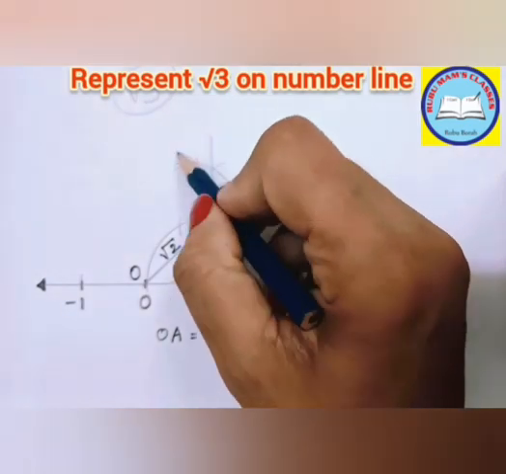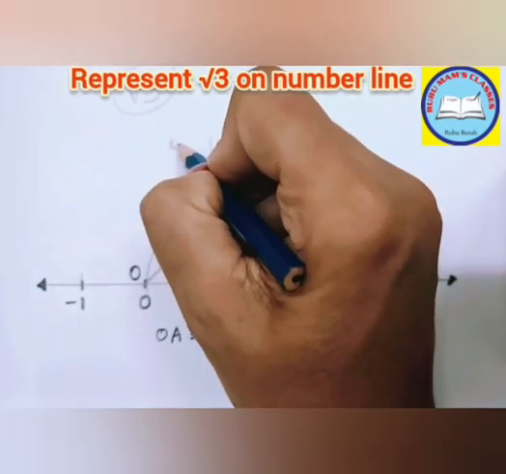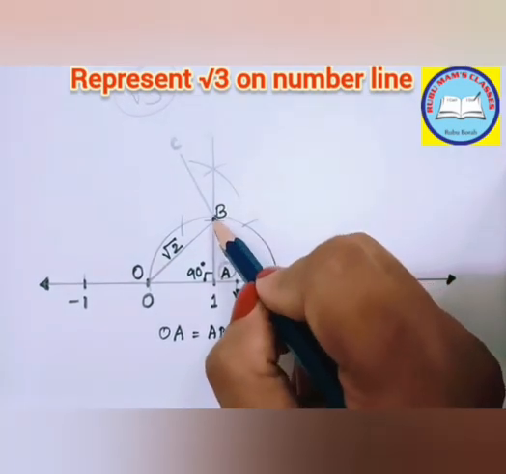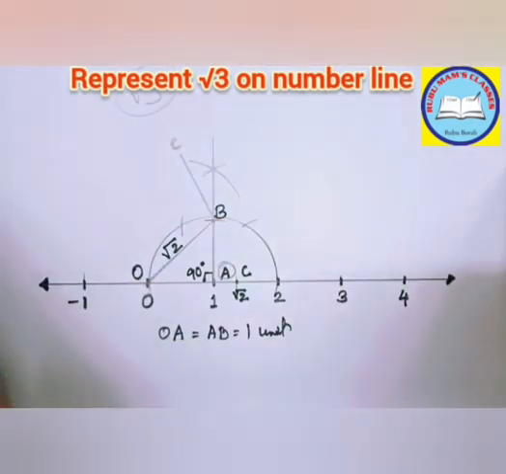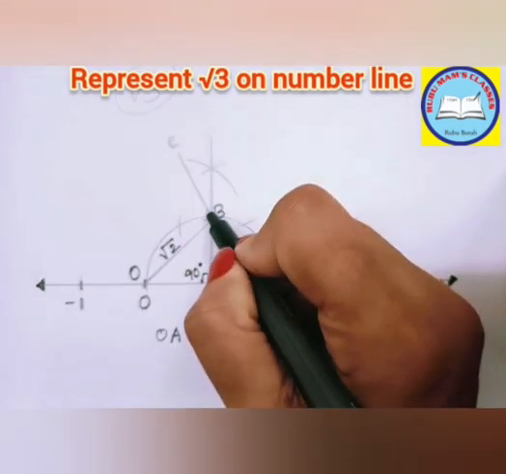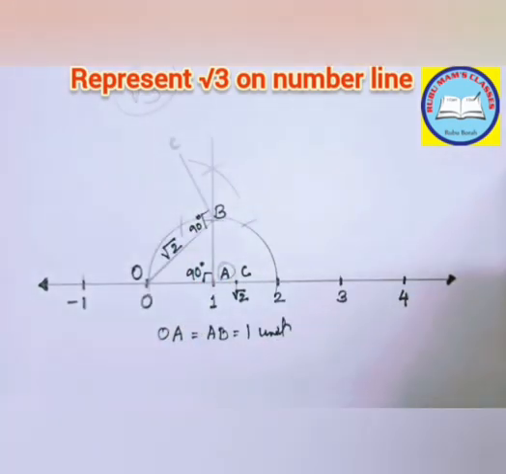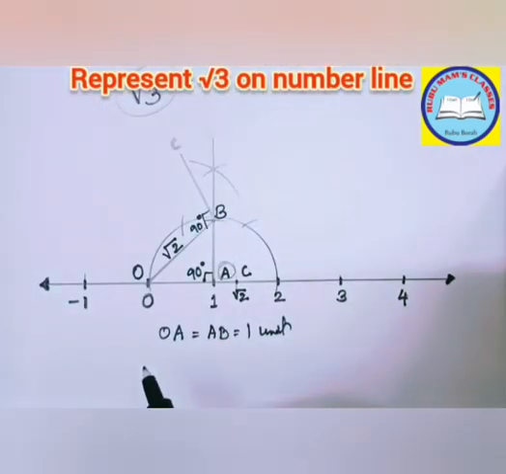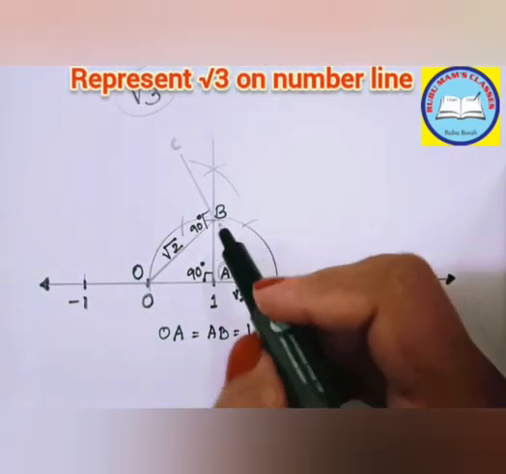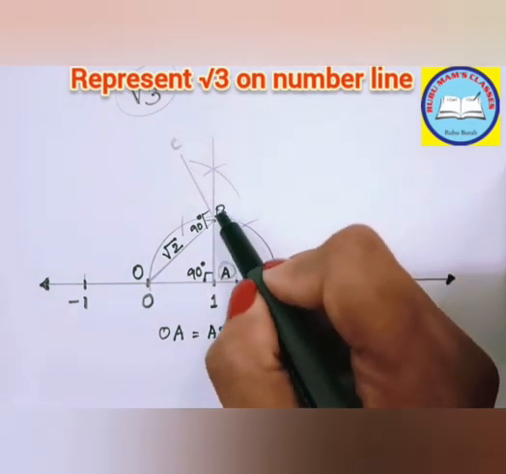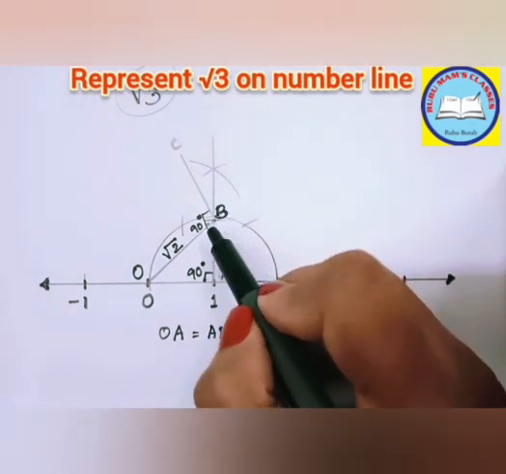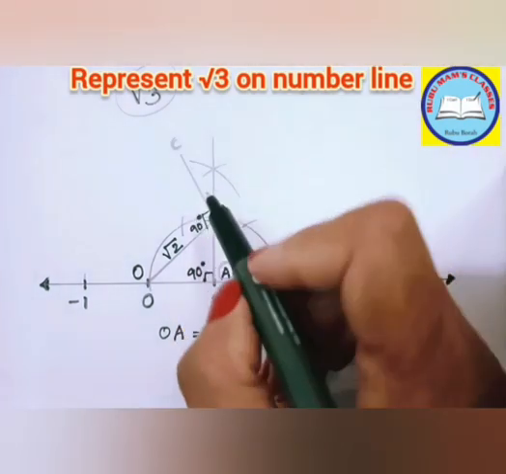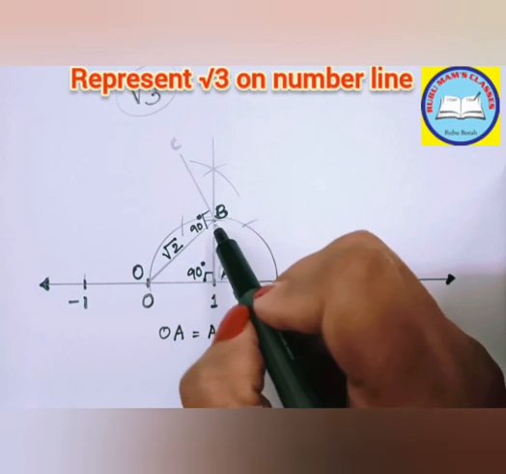So this perpendicular line BC I have already drawn, perpendicular at point B. Let me mark here 90 degrees. So first step, draw a perpendicular at point B.